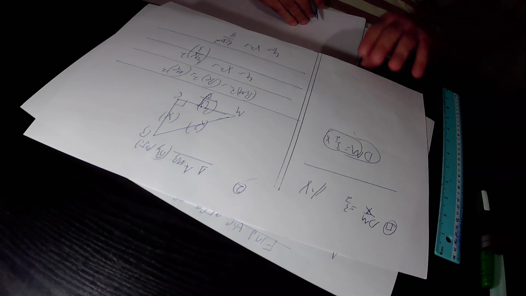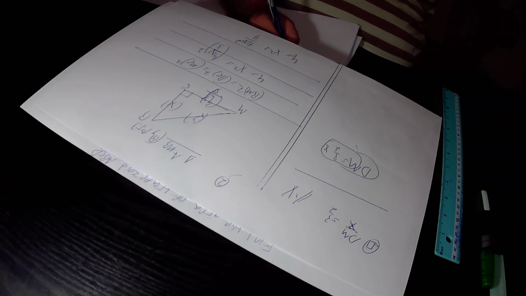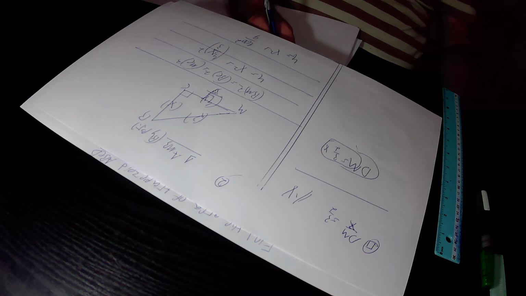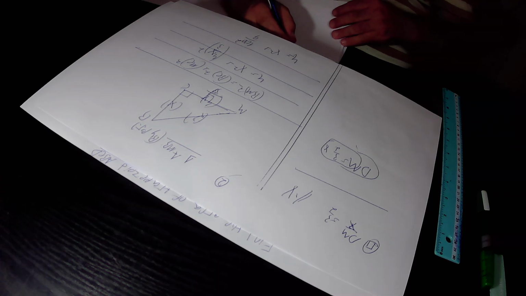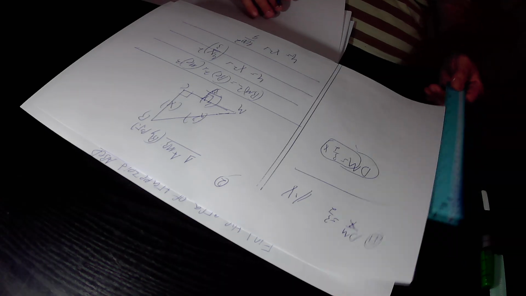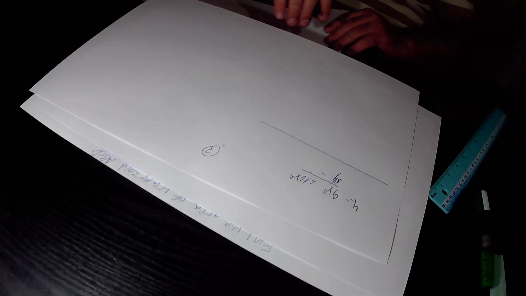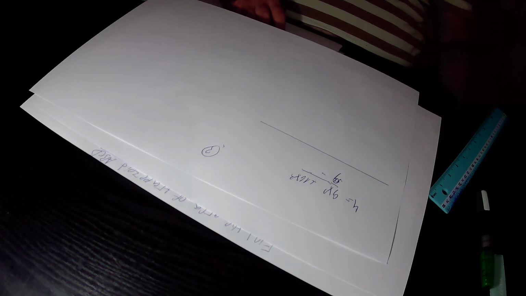In total we get that 4 equals 9x squared over 9 plus 16x squared over 9.